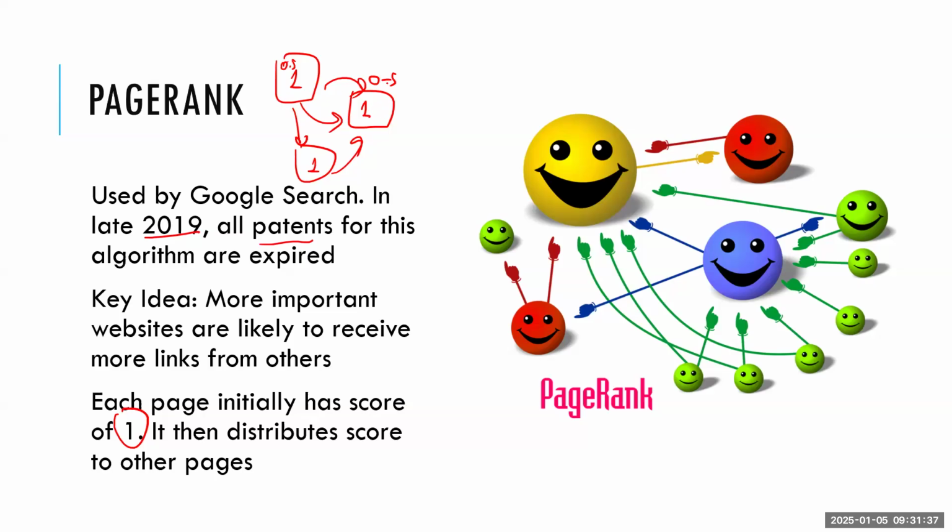So it's 0.5 to here, 0.5 to here, and this one becomes 1.5, this one becomes 1.5. But this page also points to another page, so it reduces the score to 1, and this one adds 0.5 to become 2. So it tries to distribute the score from itself to its neighbors.